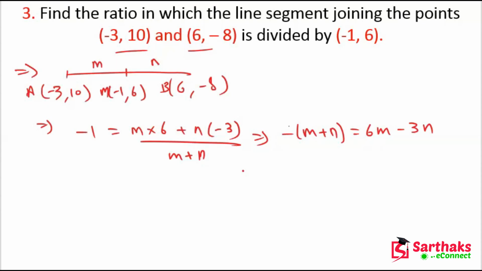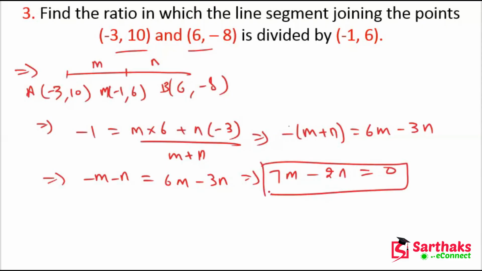Now if you solve it, -m minus n is equal to 6m minus 3n, and after solving this we get 7m minus 2n is equal to 0.